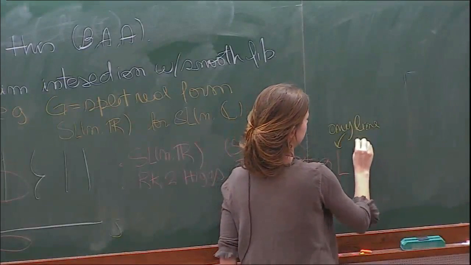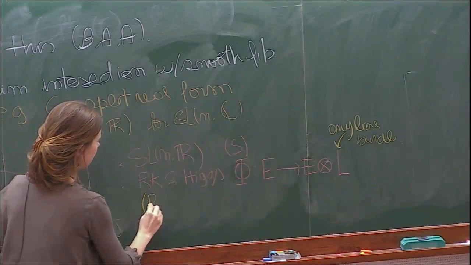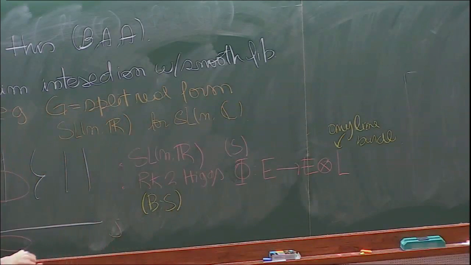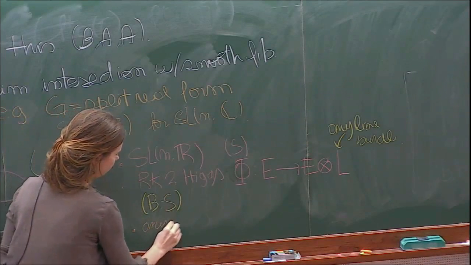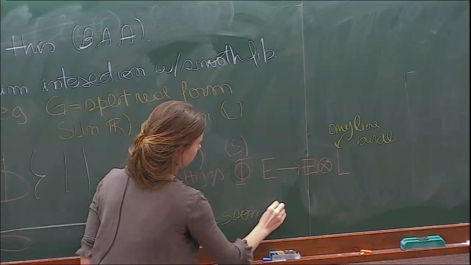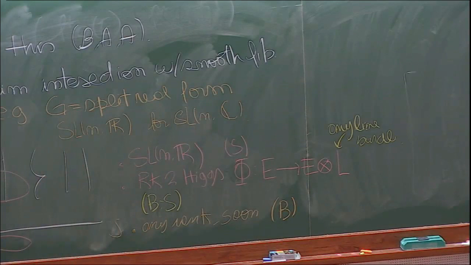This we did with David Baraglia last year, and I think for higher rank, very soon you'll have a paper by David, any rank, where he can extend the procedures that we had.